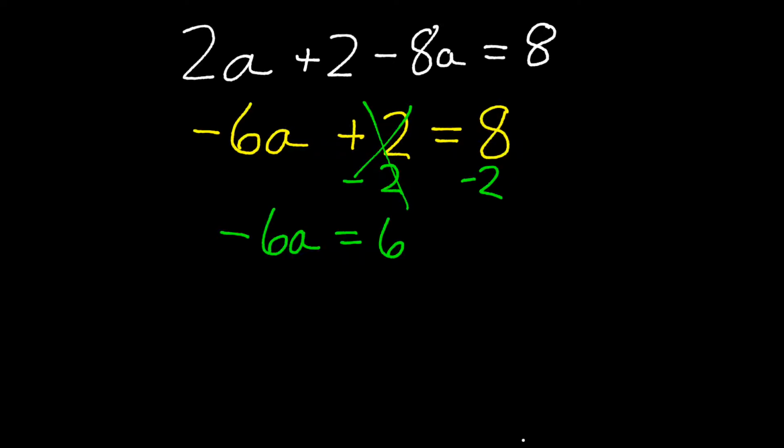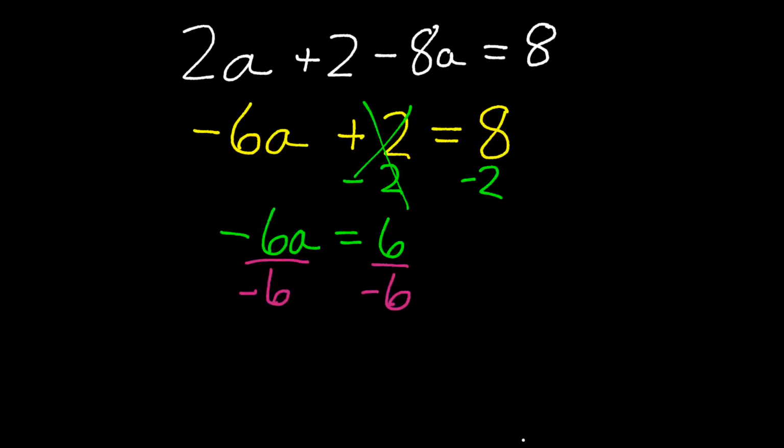Now our final step, so that we have our variable all by itself, we are going to divide by negative 6. It's important that we divide by negative 6 because if we only divided by 6, we'd be left with a negative a, and we don't want a negative a, we just want what a is.